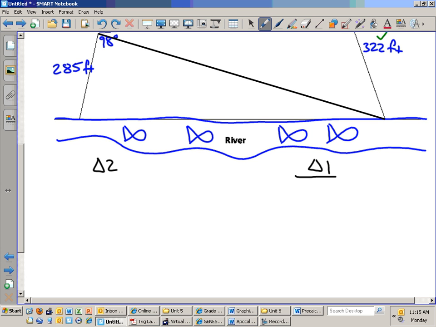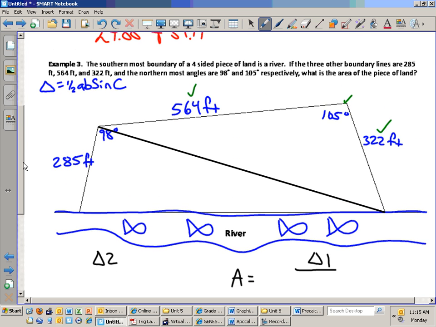The area of triangle 1 would be equal to, you can pick any formula you want. So at this point, a lot of people want to say, well, Mr. Gens, what's A, what's B, what's C? And I'm telling you, it doesn't matter. The formula says 1/2 times two sides times the sine of the included angle. That's the idea, and this is what we have, two sides and the included angle.